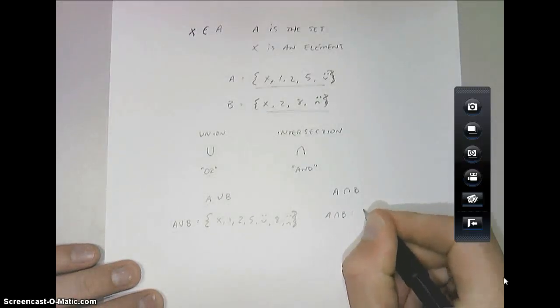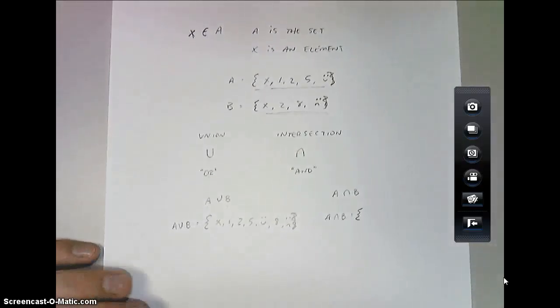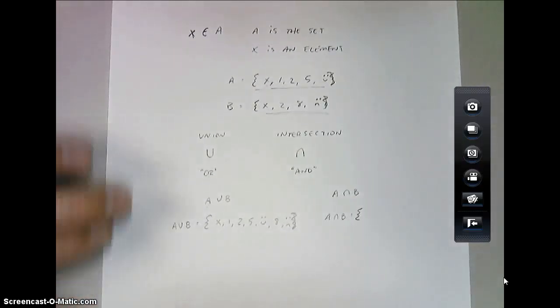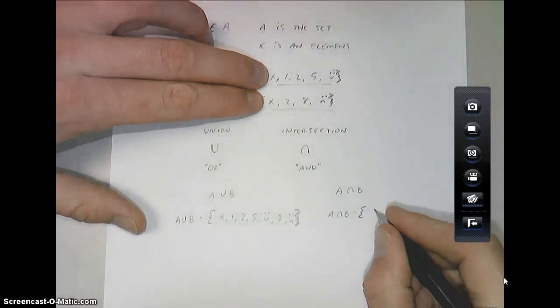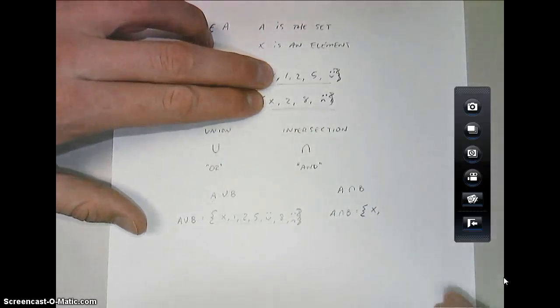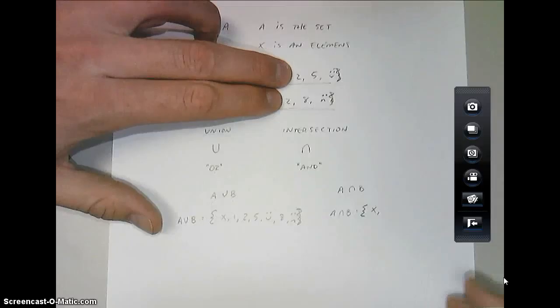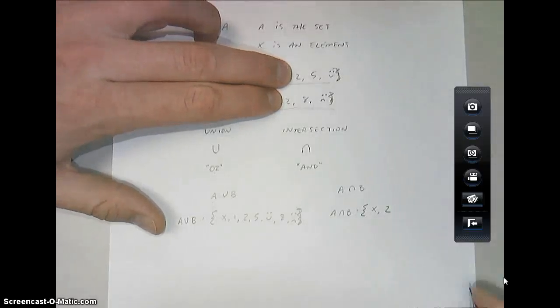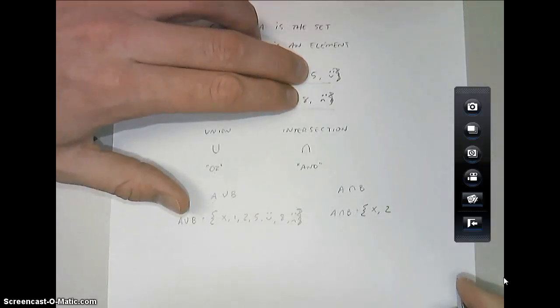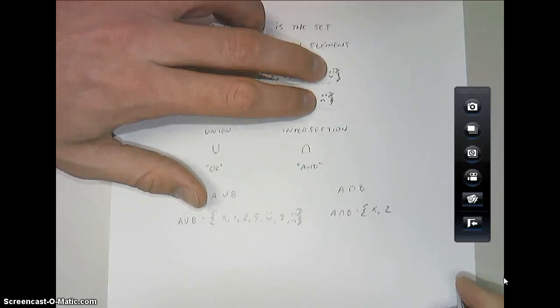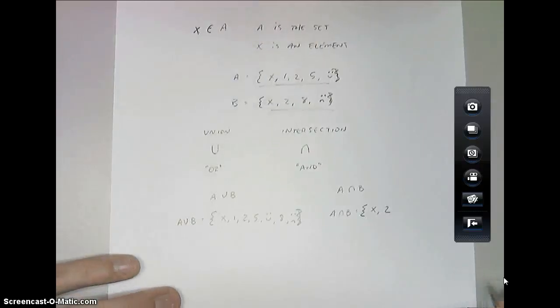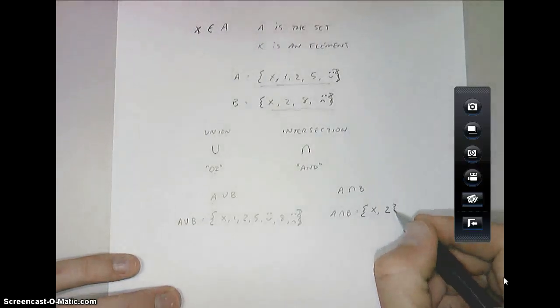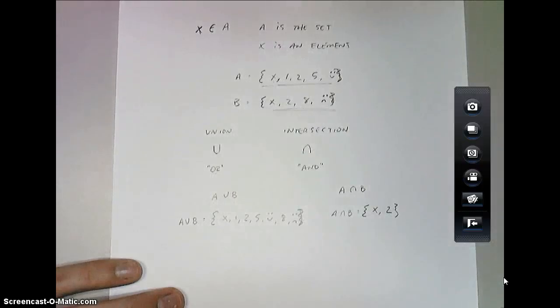So x shows up in both, so that's going to be in the intersection. 1 does not show up in both. 2 shows up in both. 5 doesn't show up in both. 8 doesn't show up in both. Smiley face, frown face. Okay, so for the intersection, it would just be x and 2.